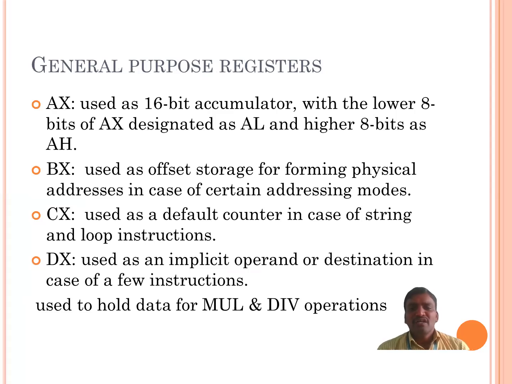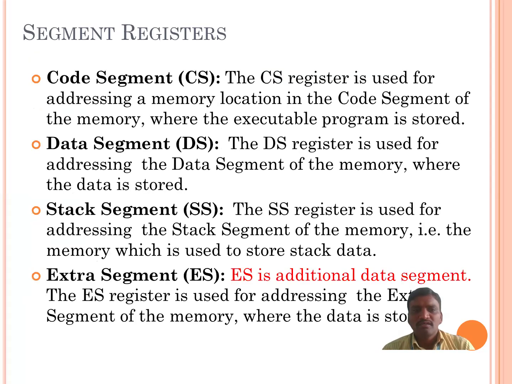For example, whenever we are performing multiplication between two operands or two numbers, the result will consist of 32-bit information, but our microprocessor can store only 16 bits at a time. The lower 16 bits will be available in the AX register, and the higher 16 bits will be available in the DX register. So that is the use of the DX register. And whenever we are performing multiplication and division operations, in that case also we are using this DX register. So that is about DX.